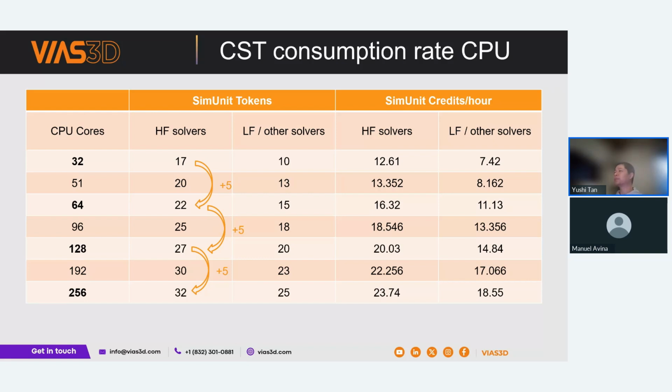And now on the right side is credits. So it also distinguishes between high frequency and low frequency. High frequency is going to consume a little more credits per hour compared to the low frequency. The difference between the tokens and the credits is that tokens are consistent usage. You pay for it upfront. So let's say I want to buy a CST package with the new licensing.